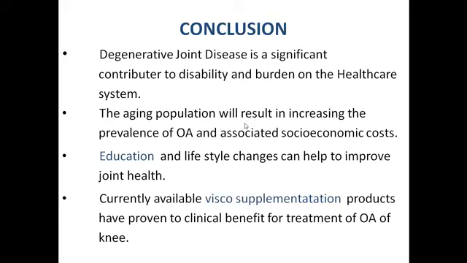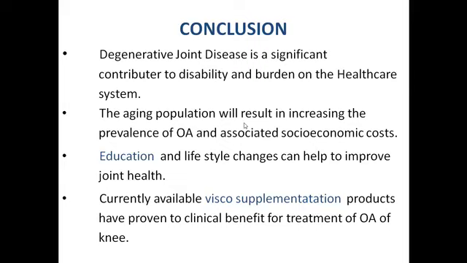Now comes the conclusion. Degenerative joint disease is a significant contributor to disability and burden on the healthcare system. That means it's a burden to the family, society, and the country.